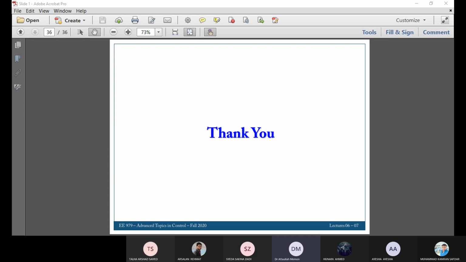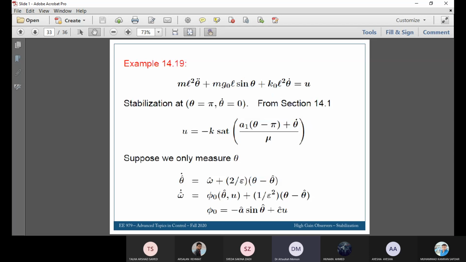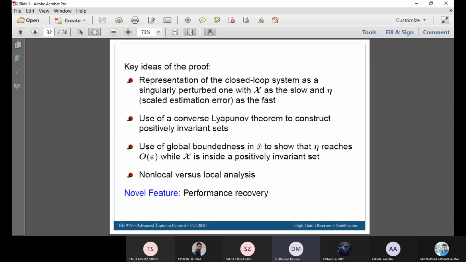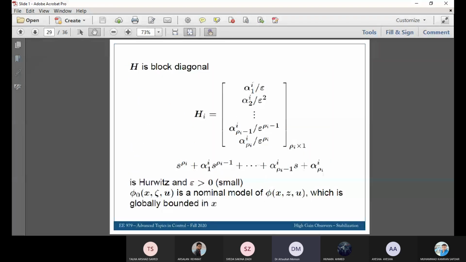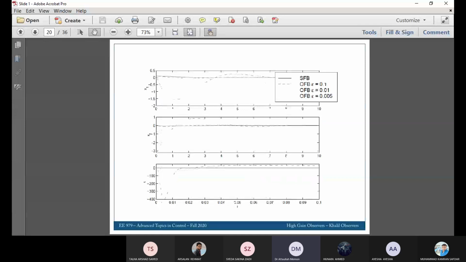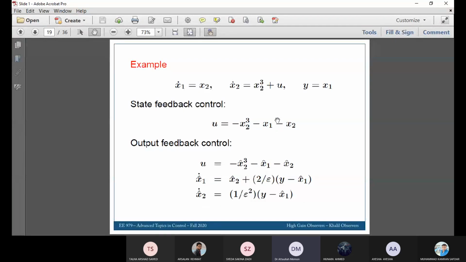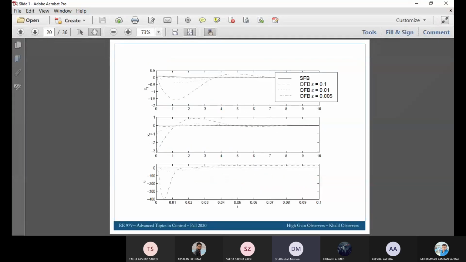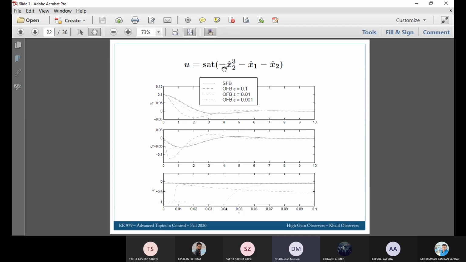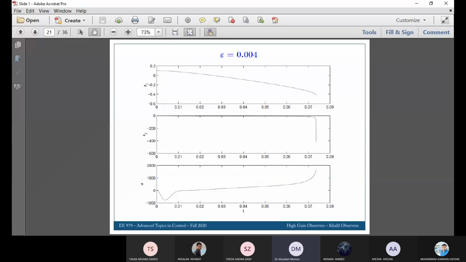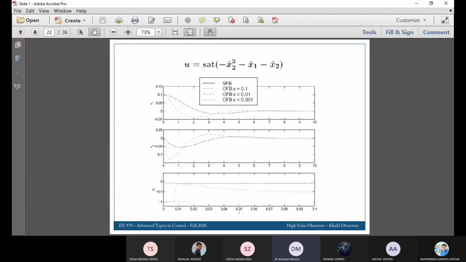The first problem in the homework is for you to simulate this system and get these results, use this controller and achieve this particular plot here, which is on slide 22.